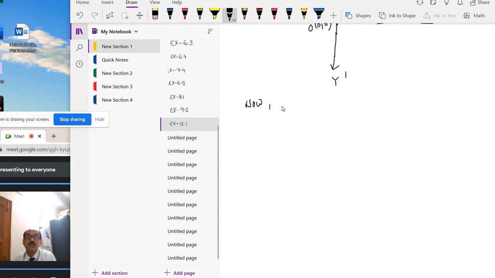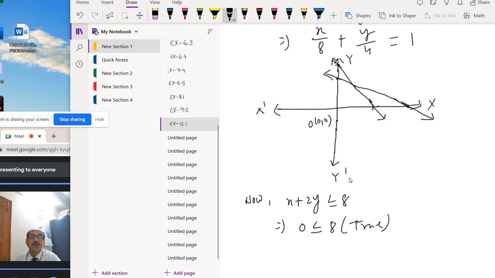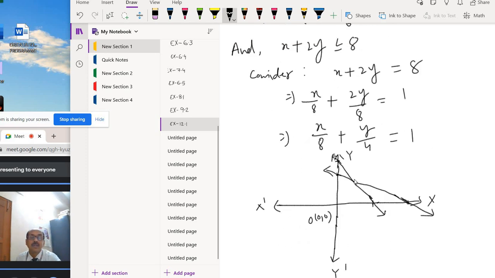Putting x equals 0, y equals 0, then 0 is less than or equal to 8. It is true. That means the direction is towards the origin side.